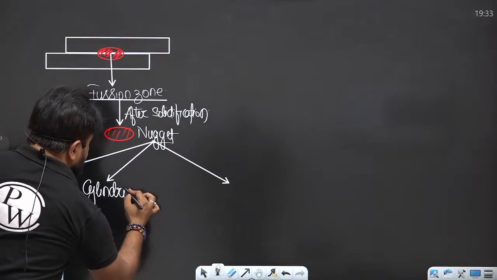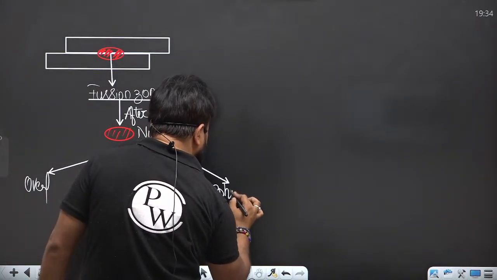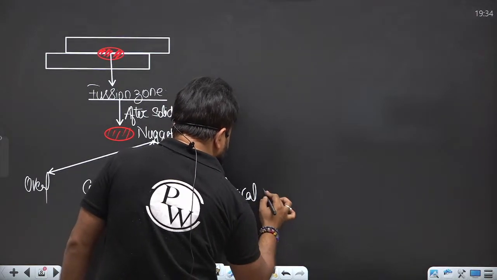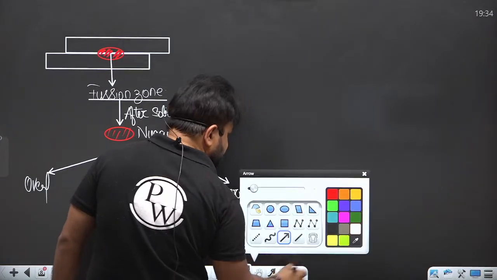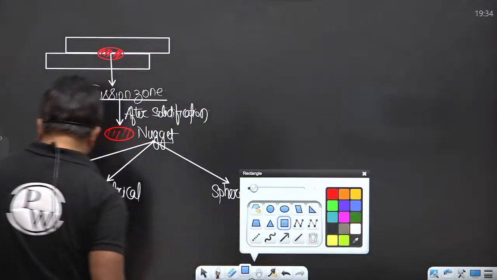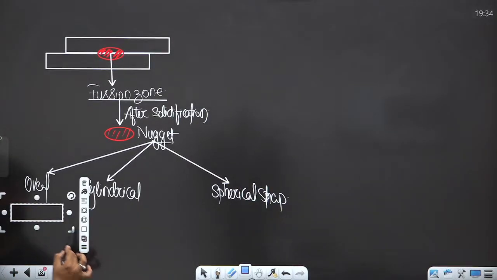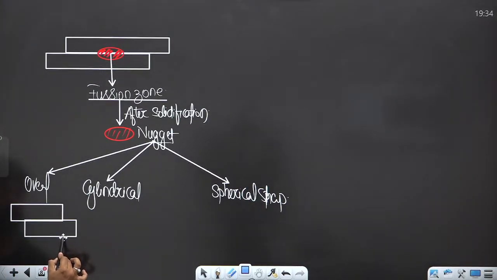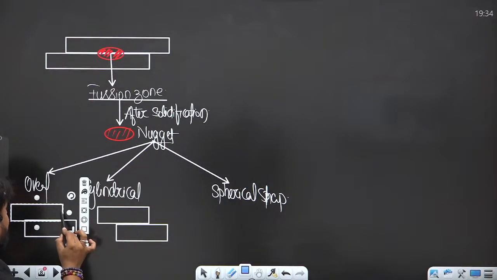Are you getting my point? Suppose the joint is going to be made between the overlap plates.